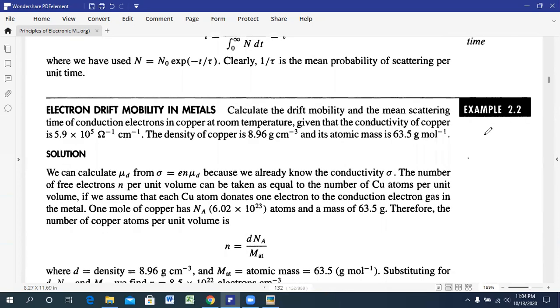Now the next example is example 2.2, electron drift mobility in metals. The question is calculate the drift mobility and the mean scattering time.